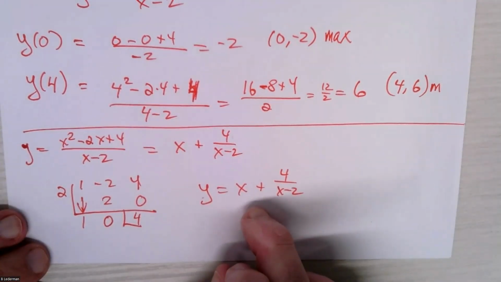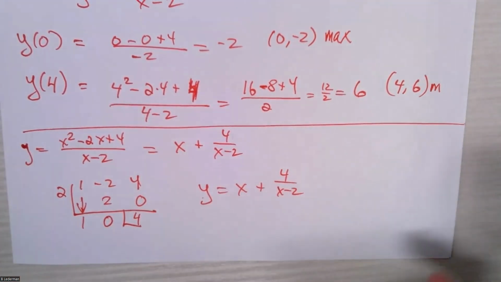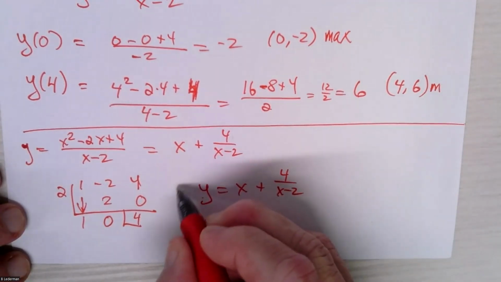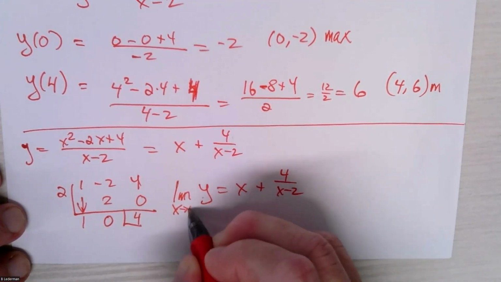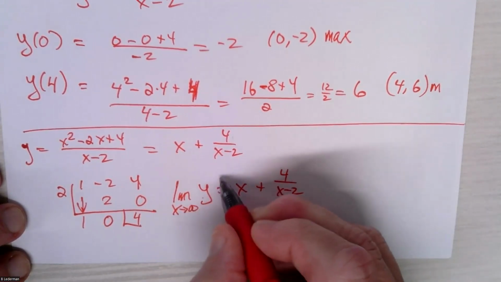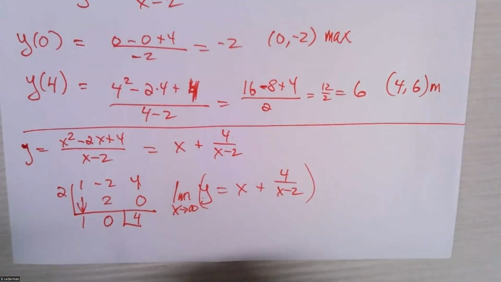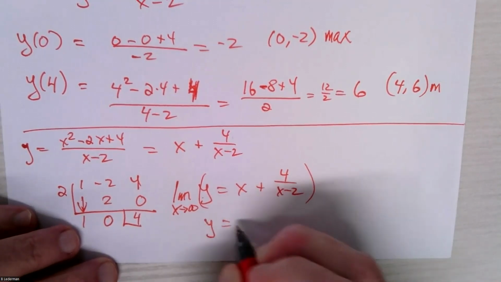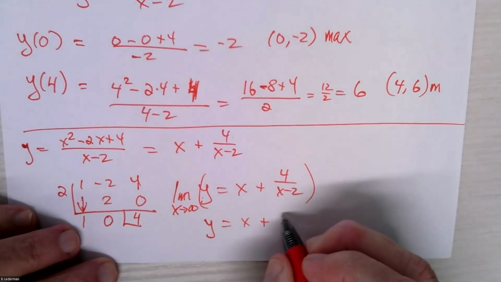This is the original curve, which is actually a hyperbola. But if I look at the limit as x goes to infinity of this whole thing, this just becomes y equals x plus 0.